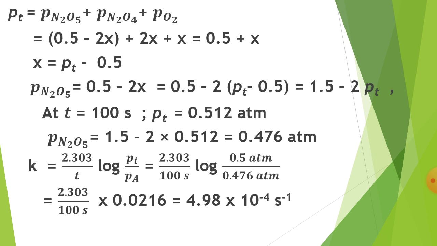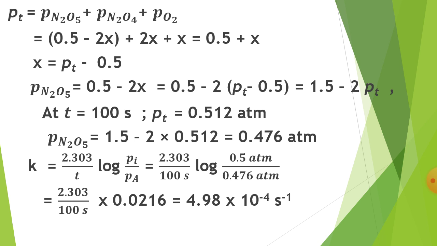Now P total equals P of N2O5 plus P of N2O4 plus P of O2. So here P of N2O5 at time T is 0.5 minus 2x, and P of N2O4 is 2x, plus P of O2 is x. We get 0.5 plus x.